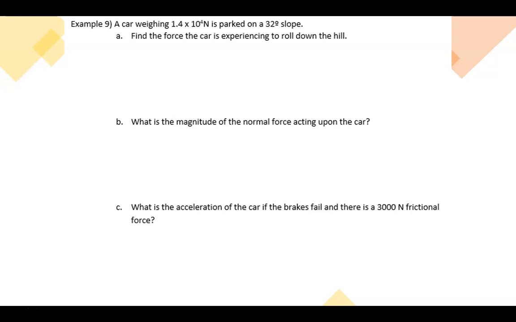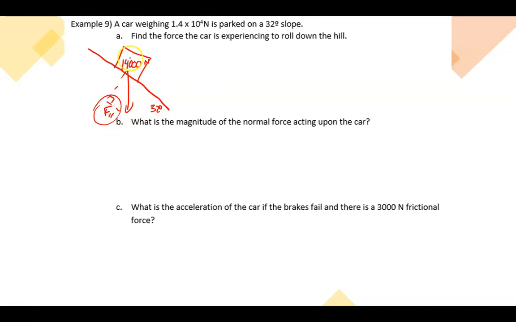Okay, taking a look at example 9. Well, what happens if the net force is not 0? Well, we've got a 14,000 newton car. It's parked on a 32-degree slope. The one causing it to go down the hill, that's the parallel force.